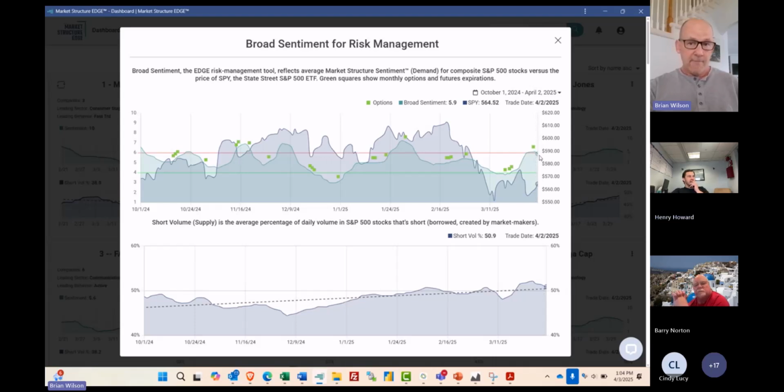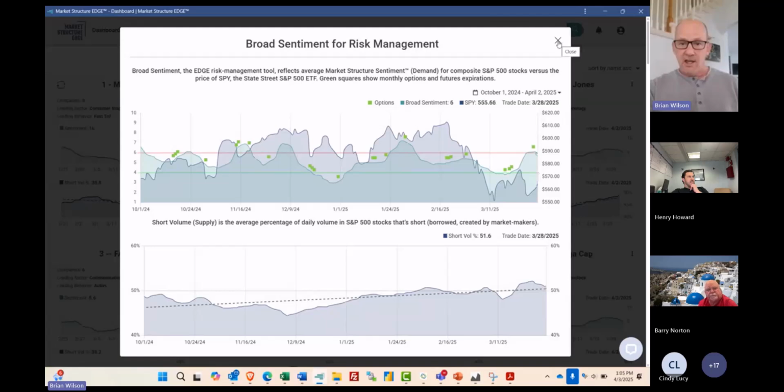So we're at 5.9. There is potentially a lot of room to move lower to even get to oversold conditions. Now, maybe that happens rather rapidly. I don't know, but you can see the potential maybe for some damage here for a little while.